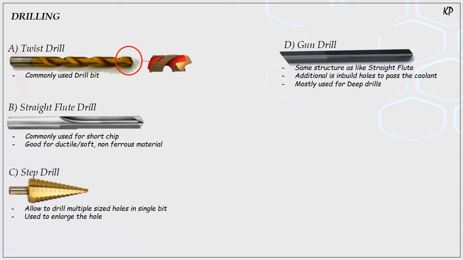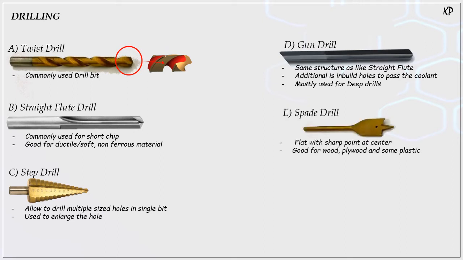Then the fourth one is the gun drill. A gun drill is the same as a straight flute drill, but at the end tip it has a hole through which your coolant is passed, and you don't need any other system to pass your coolant. This is mostly used for the deep drilling process. Then the fifth one is the spade drill. This drill bit is mostly used in plywood or wood cutting, having a very sharp edge at the start and a bigger edge as you go upward.